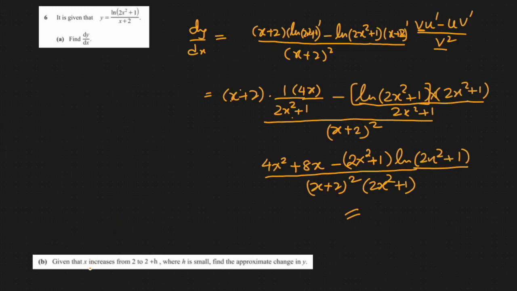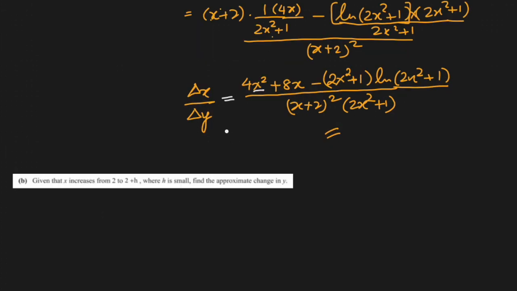Given that x increases from 2 to 2 plus h, where h is very small, dy over dx becomes delta y over delta x. That's how we write it. So they say that when x becomes 2 plus h, in such case delta x will become the change, which is h. Delta y we have to find, and x came from 2, so it is almost 2.